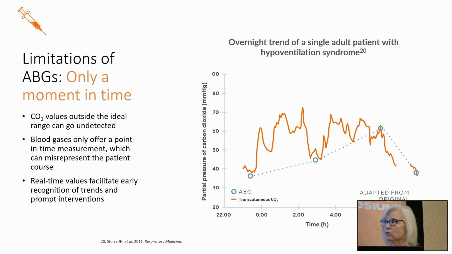When I was driving here yesterday, my flight landed a little bit late, so it was dark when I was driving here, and I'm driving on these windy roads, which you are all familiar with, I'm sure. I would have my headlights on, but as soon as there were no vehicles, I wanted my bright lights on because I really wanted more visibility to what's going on. And I think about how if you're just going on your blood gases, that's like driving on these windy roads without any headlights at all.